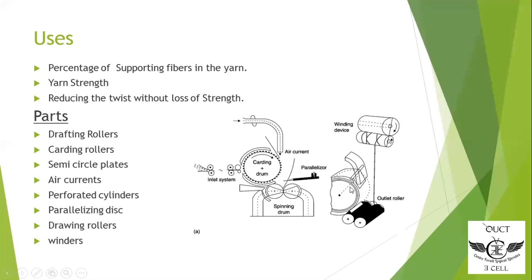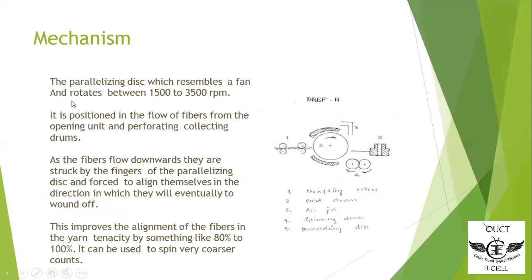First, the parallelizing disc rotates at a speed of 1500 to 3500 rpm. It is positioned as we have already seen.